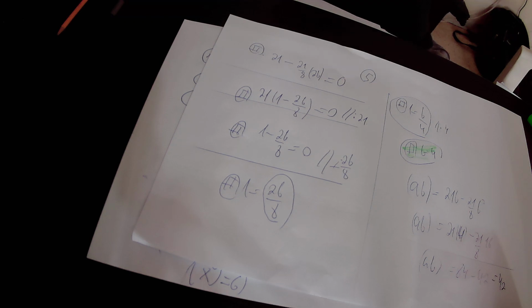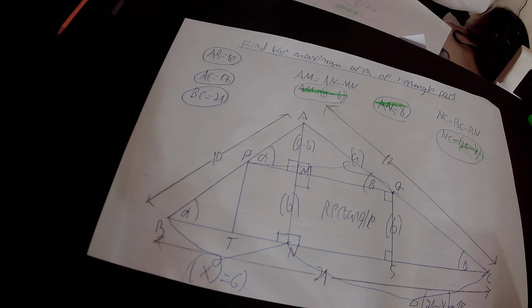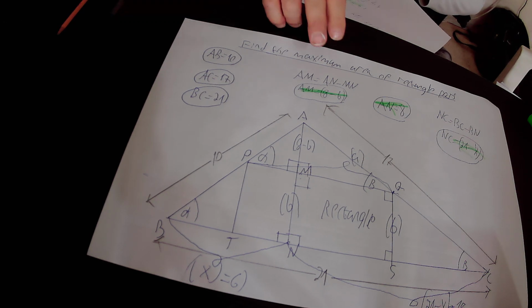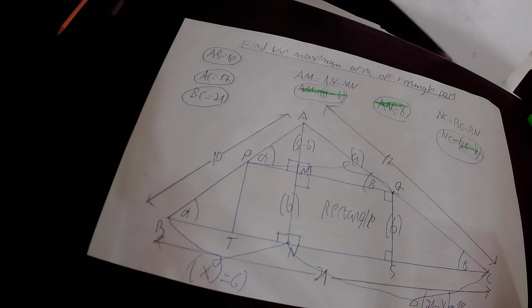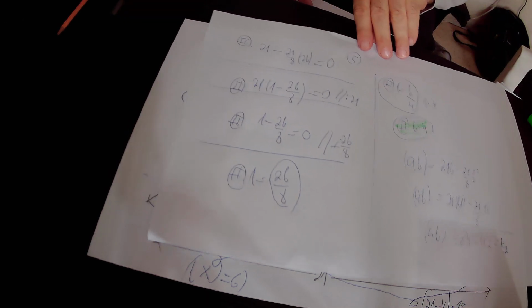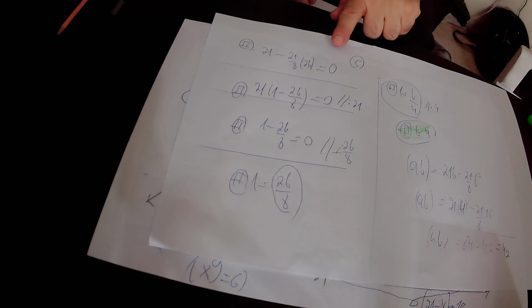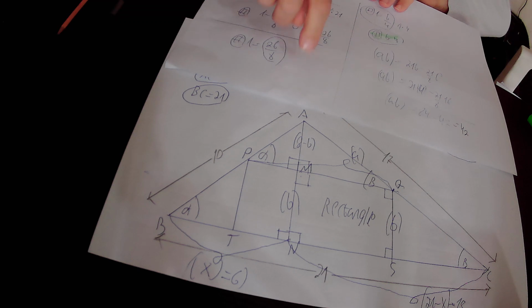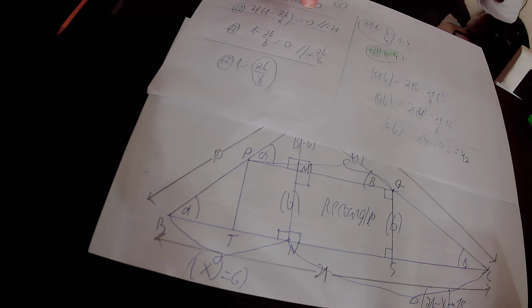And we must equate the derivative to 0 in order to find the extreme point or points of this area function. But the extreme point could be a minimum or a maximum. That is to say, the point that we find after we equate this derivative to 0 might be the minimum area of this rectangle PQST, or it might be the maximum area.